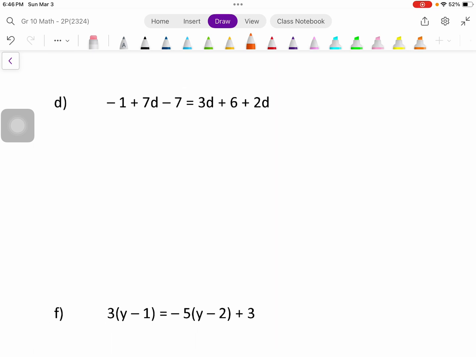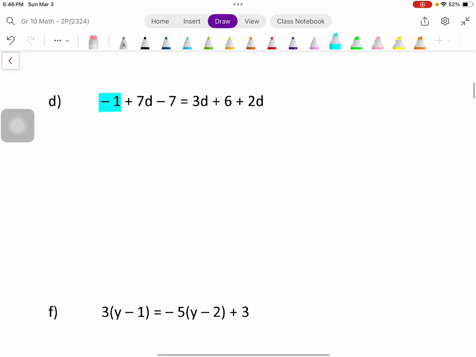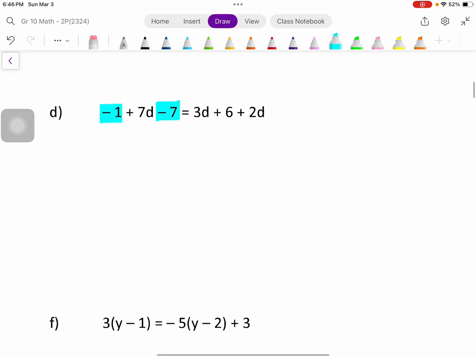Next question, negative 1 plus 7d subtract 7 equals 3d plus 6 plus 2d. So I want to move a subtraction of 1 and a subtraction of 7. And I want to move a 3d and a 2d.